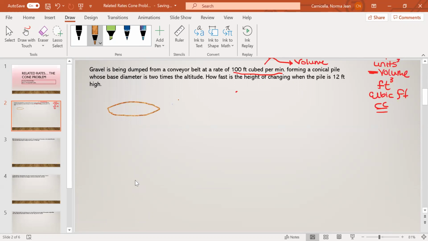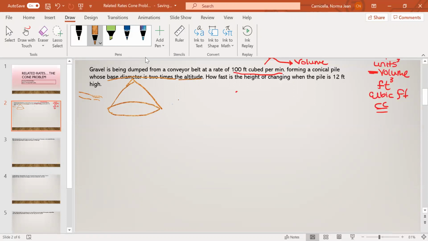If you picture all this sand being poured, as it lands in a cone, the base diameter is 2 times the altitude. So that's going to be important.